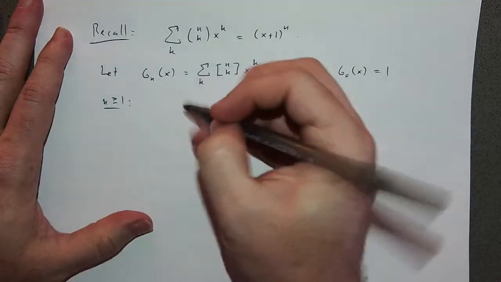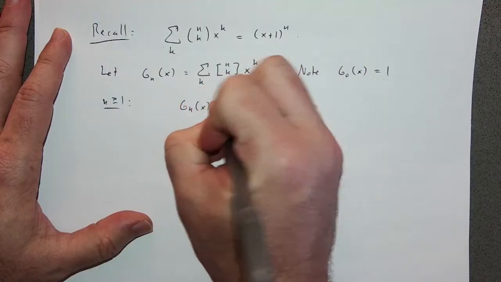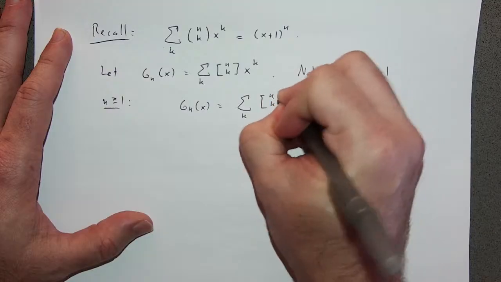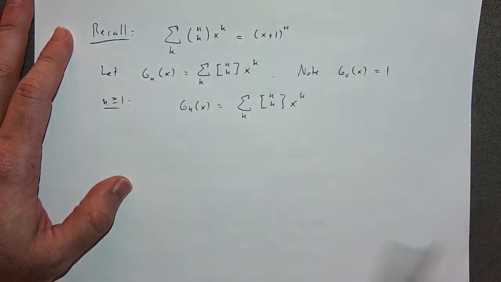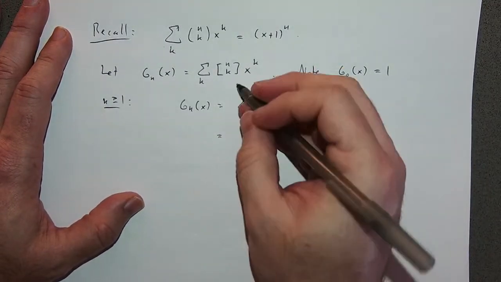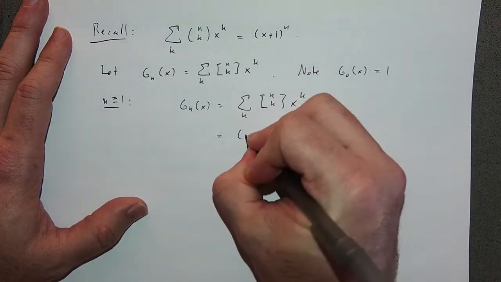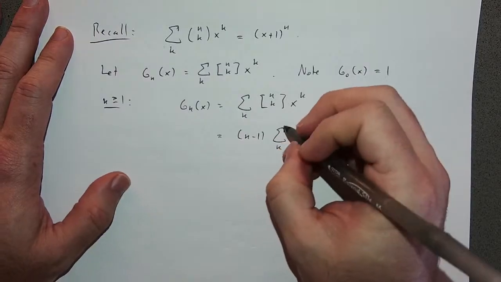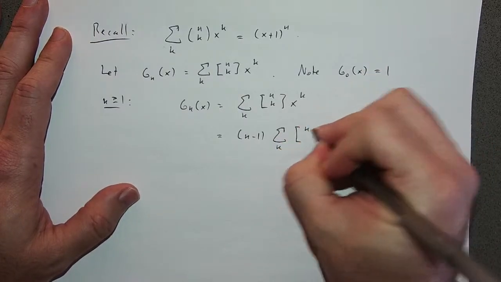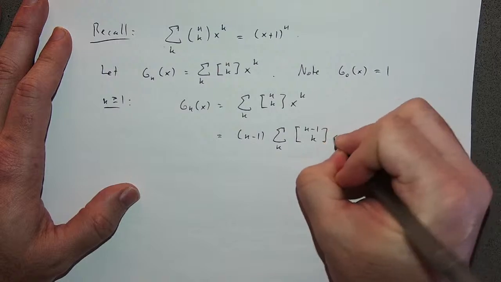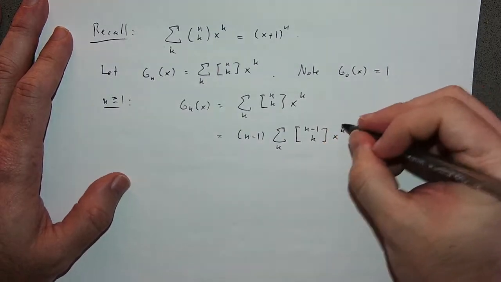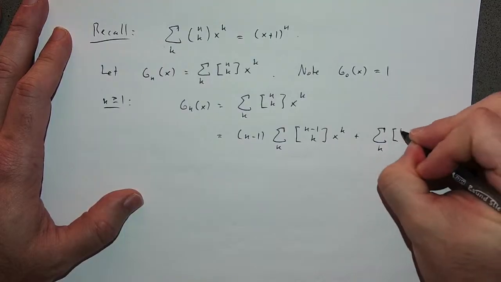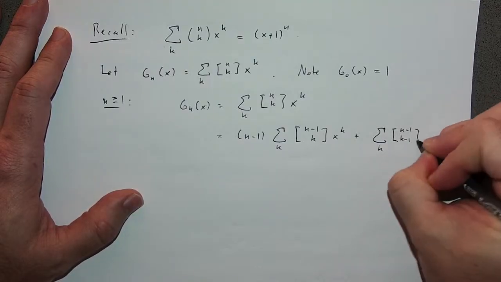So in this instance, my g sub n of x, which is defined this way, the sum over k of my Stirling cycle numbers times x to the k, is n minus 1 times the sum over k of the Stirling number n minus 1, k, x to the k, plus the sum over k of the Stirling number n minus 1, k minus 1, x to the k.